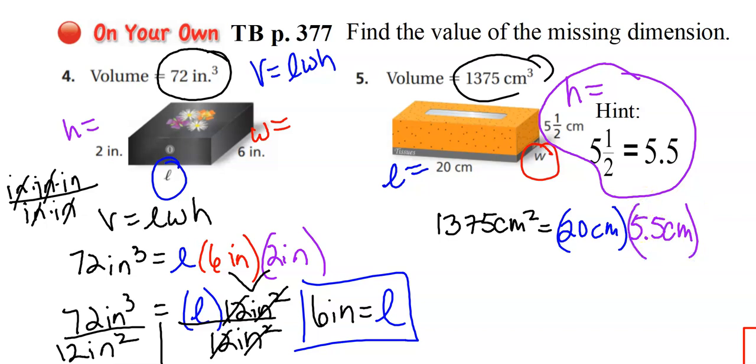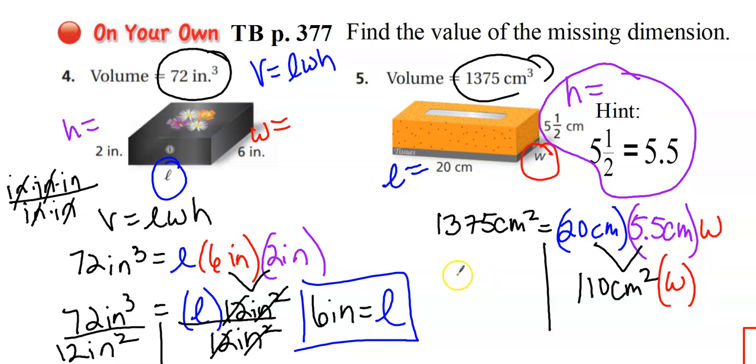And my width is my unknown, so that will be W. So there's my equation, right? I don't want to undo the math yet because I've got some simplifying to do. I want to first do the 20 centimeters times 5.5 centimeters. So when I do that, I'm going to draw my balance scale. I'm going to multiply these two numbers together, and I get 110 centimeters squared times the W.